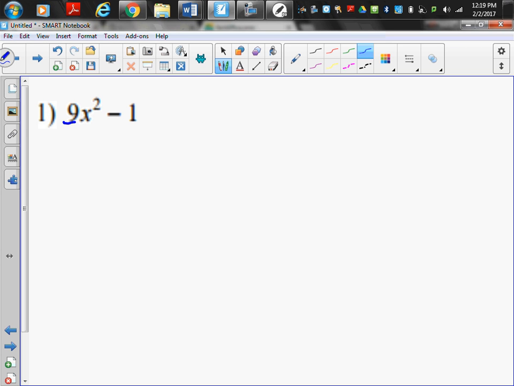And 1 is a perfect square because that's 1 times 1. So if all of your pieces you can take a square root of, then you have a difference of perfect squares. We know it's a difference because it's got a subtraction sign. So perfect square, perfect square, perfect square. So we know we can do the difference of perfect squares.